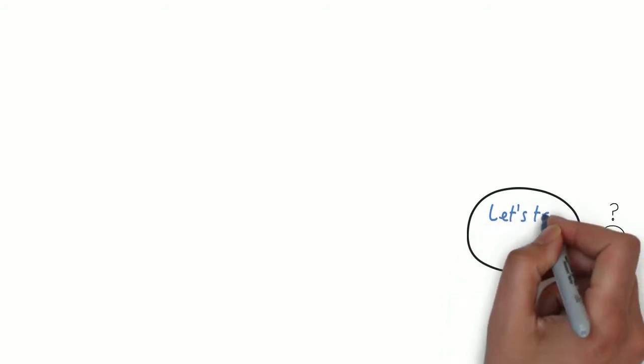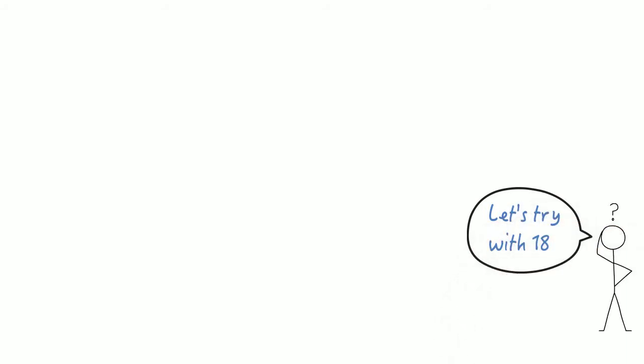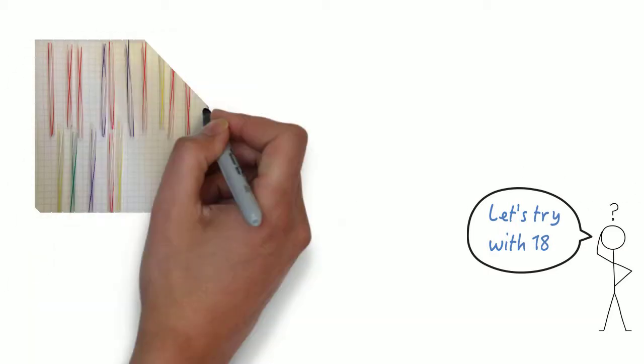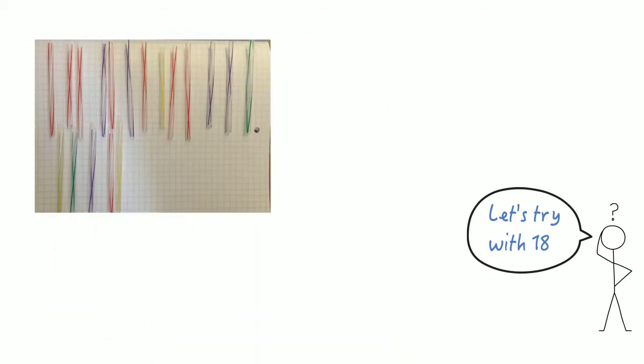Can you make the number 18 using your objects? You should have made 18 with 18 ones, and you might have noticed that 18 has 10 ones and 8 ones.